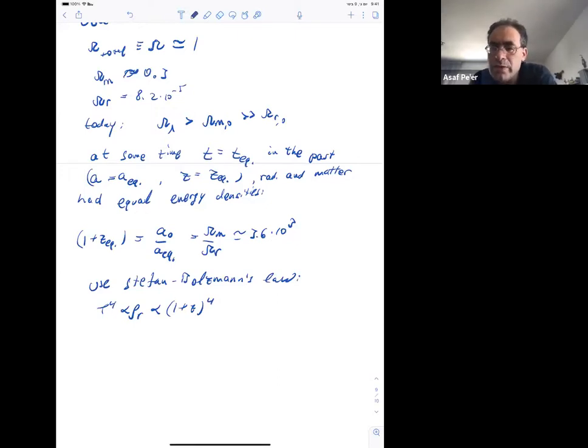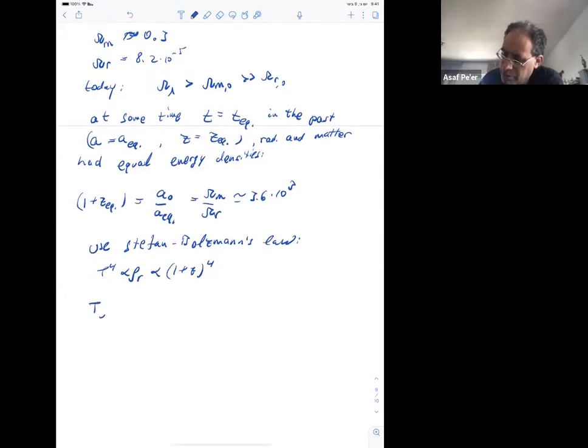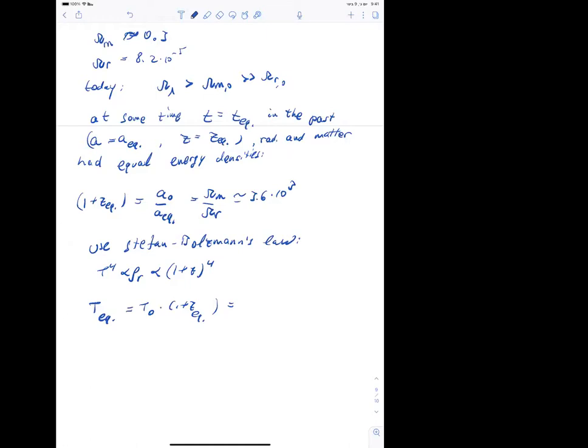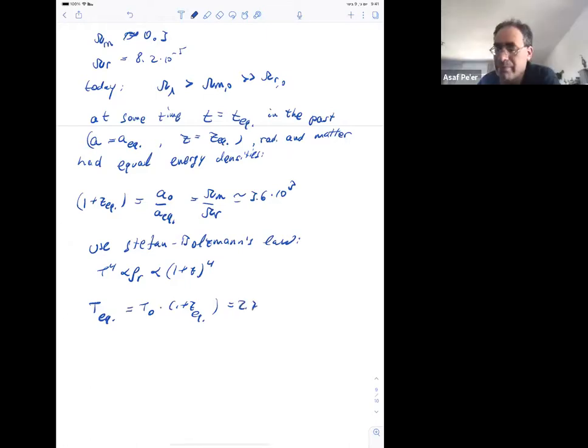So we know what was the temperature of the universe at that time. So T equilibration is equal to T0 times 1 plus z equilibration. So what is T0? What is the temperature? 2.7 Kelvin. Exactly, this is 2.7 Kelvin.